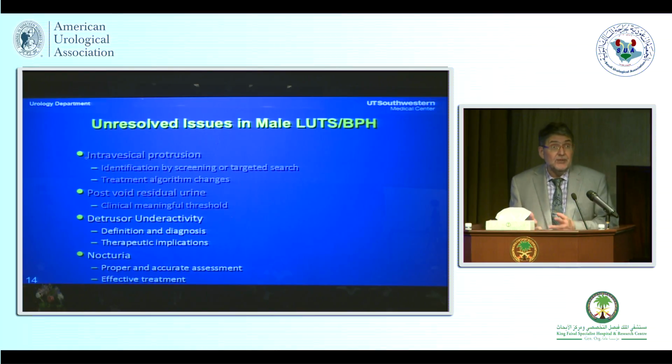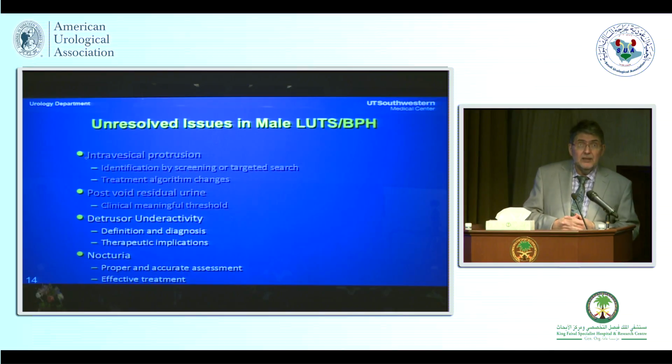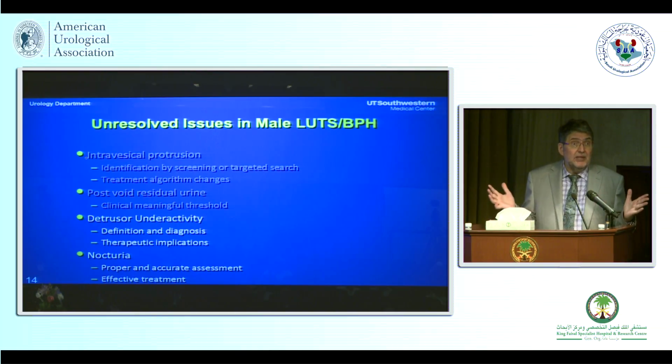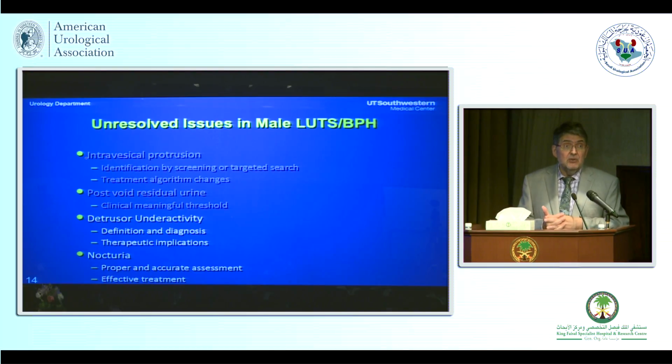So I visited in these 20 minutes with you two things that I think are of interest for residents and fellows and young academicians in terms of doing clinically patient-based research, namely this issue of intravesical protrusion, middle lobe, whatever you want to call it, which is a wide open area for research in my opinion. The issue of post-void residual urine, definitions, thresholds, natural history, how it interferes with treatment algorithms.